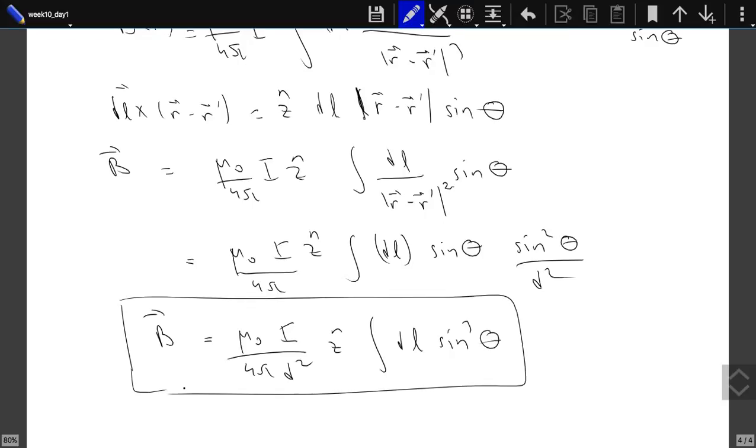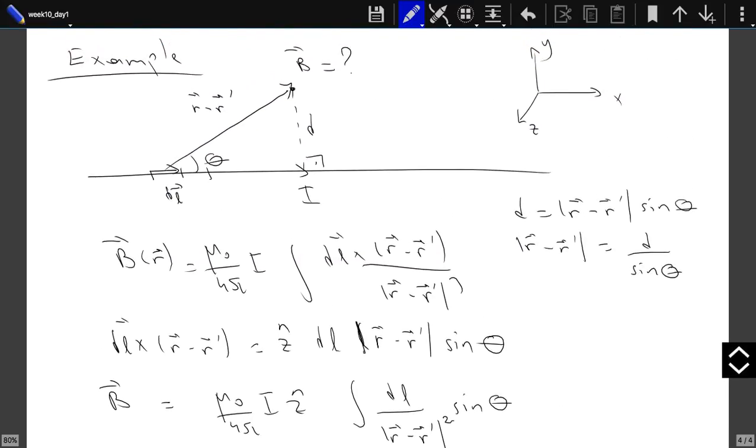Now let's look at what is dl. How can I express dl in terms of my other parameters? Now let us see.